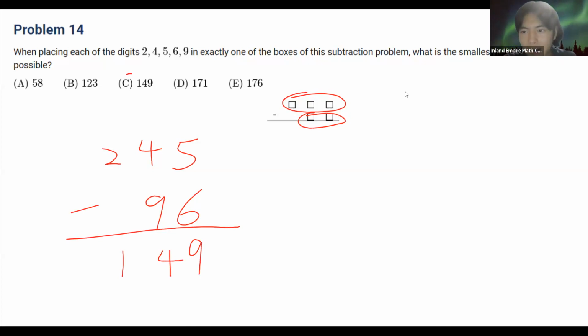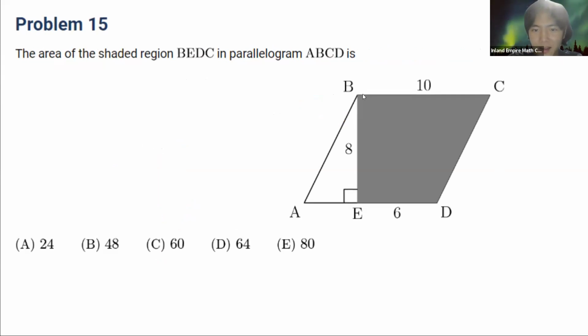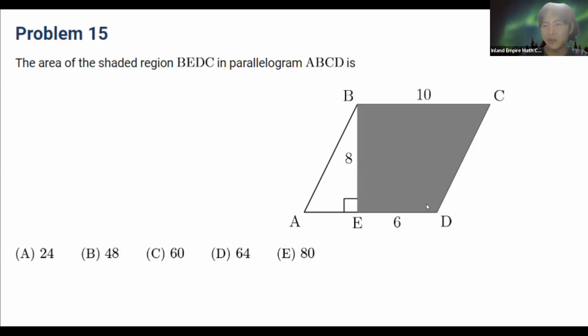No? All right, let's blaze through the last question while we still have 1 minute. What did you guys get for this one? D. Okay, I'm going to go ahead and solve it. Basically you want to calculate the area of the entire parallelogram first, and then subtract the area of this triangle. You do have to know some formulas for this.